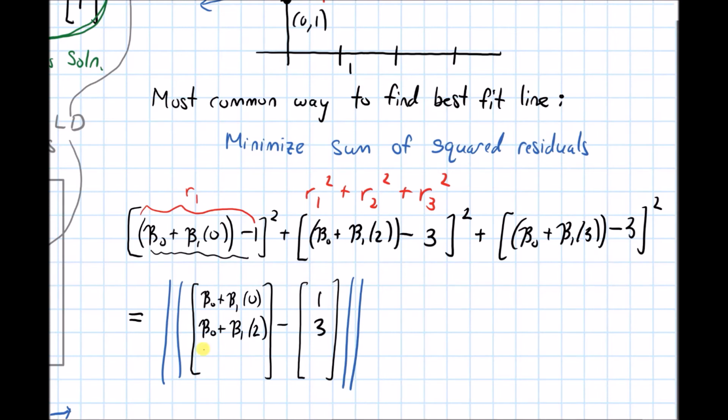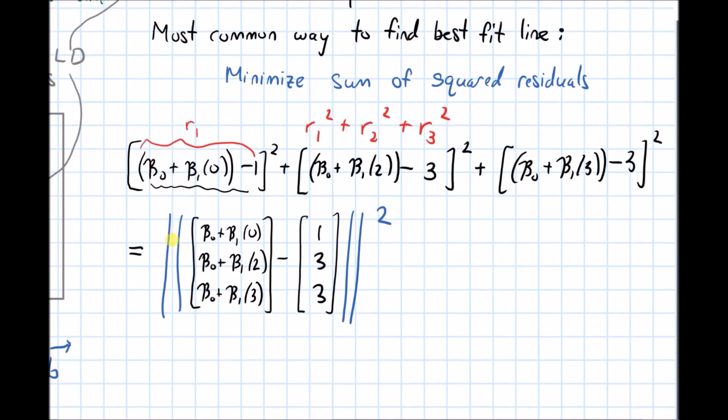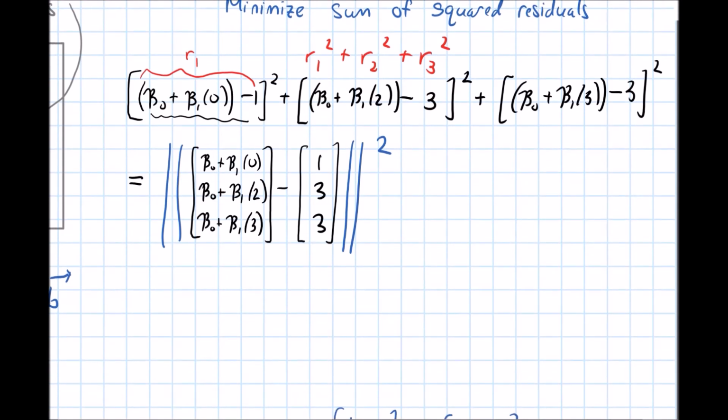And the next set of entries would be beta naught plus beta 1 times 3, and then minus the 3. Of course, this is actually the length squared. If we didn't have the square here, when we figure out the length, we'd have to put a square root on this whole thing. Okay, but now this is starting to look more promising because it's starting to look more like matrices and vectors. Before, it didn't look like that at all.